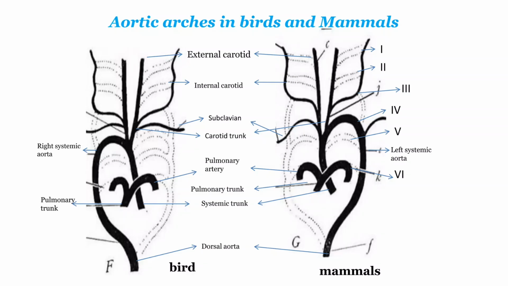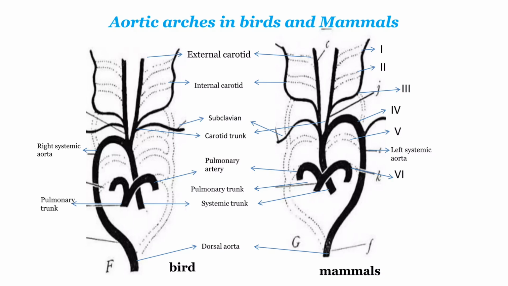Observe in this picture, in birds, there are only 3 pairs of aortic arches, 3, 4, 6 present. The third arch becomes carotid artery, the fourth arch becomes systemic aorta, and sixth arch becomes pulmonary aorta.